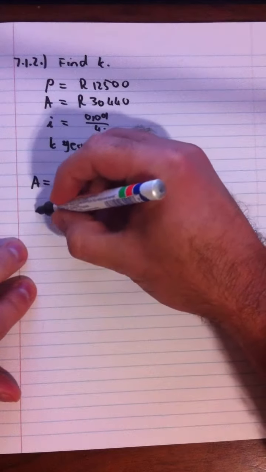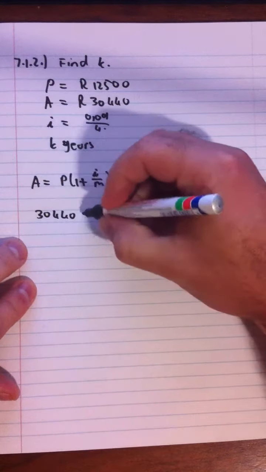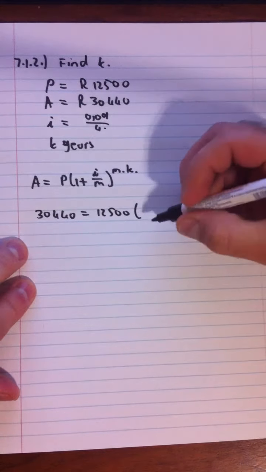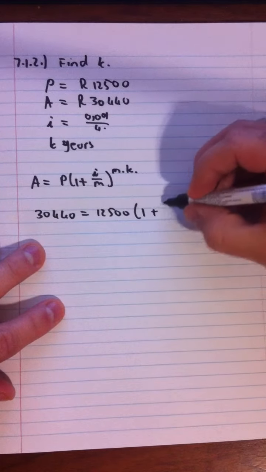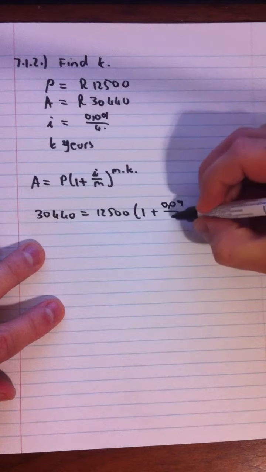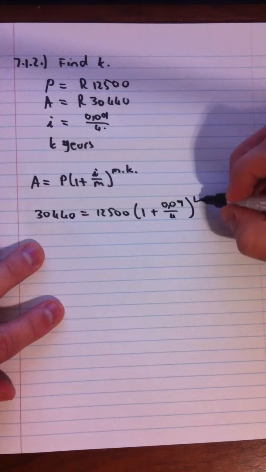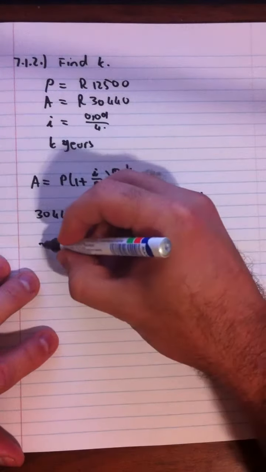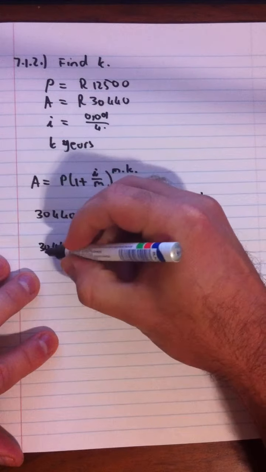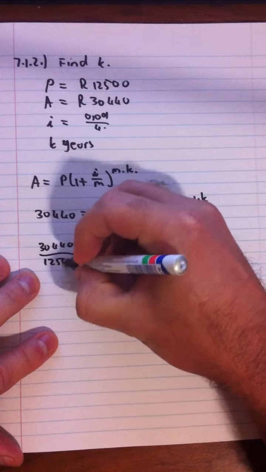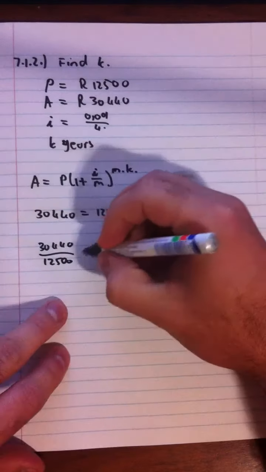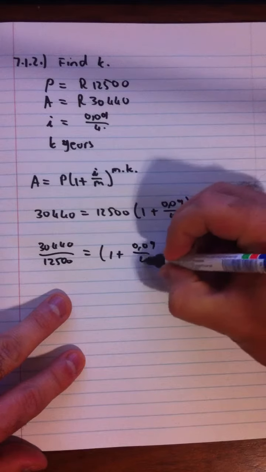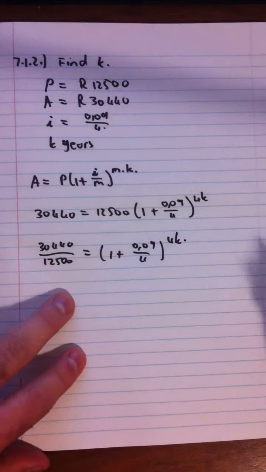A, 30,440 equals the principal amount of 12,500, times 1 plus 0.09 over 4 to the power 4 times the number of years. Okay, so we can rewrite this, 30,440 over 12,500, just by dividing both sides by 12,500, equals 1 plus 0.09 over 4 to the power 4k.